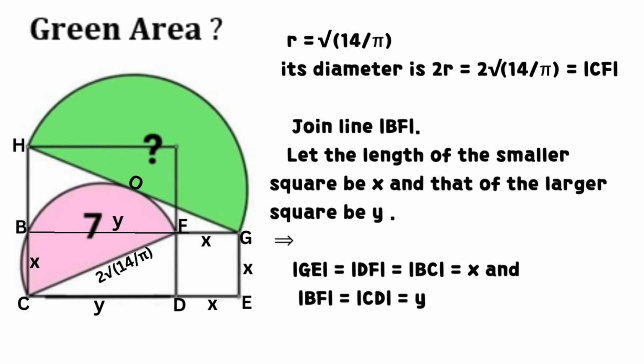It implies that line BG equals line DF, which equals line BC. The result equals x, and line BF equals line CD, which equals y.